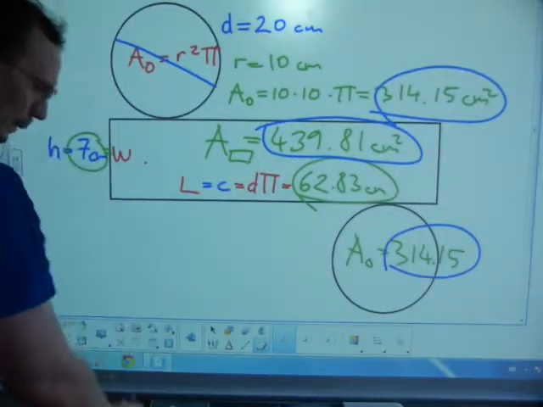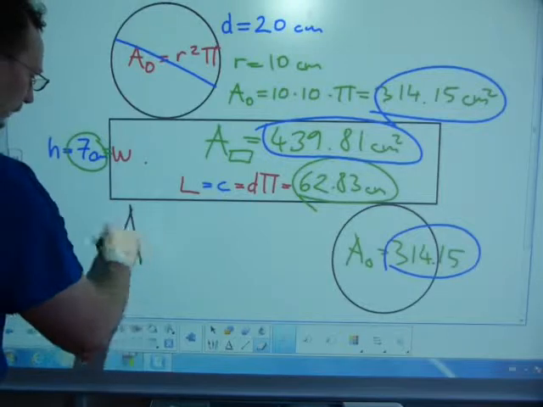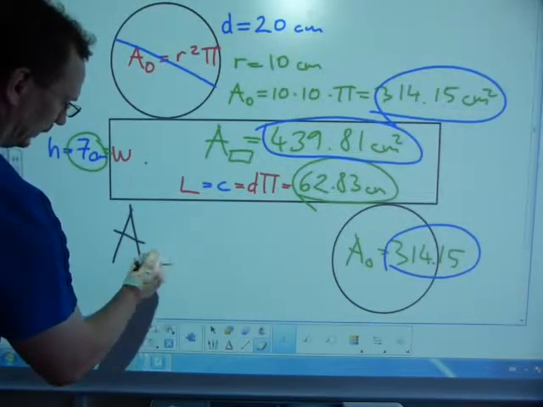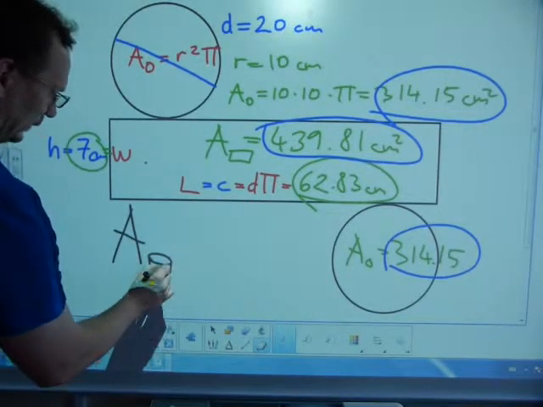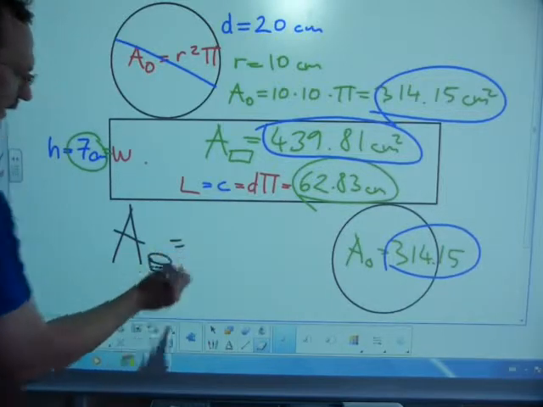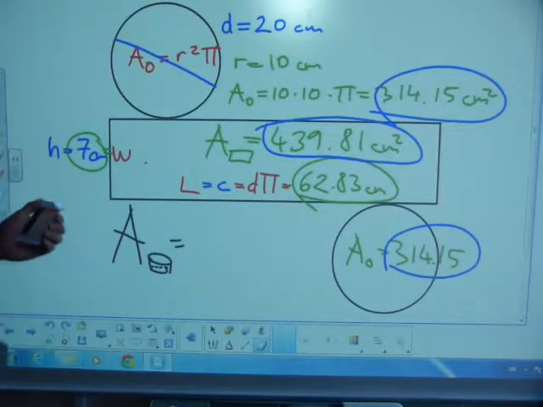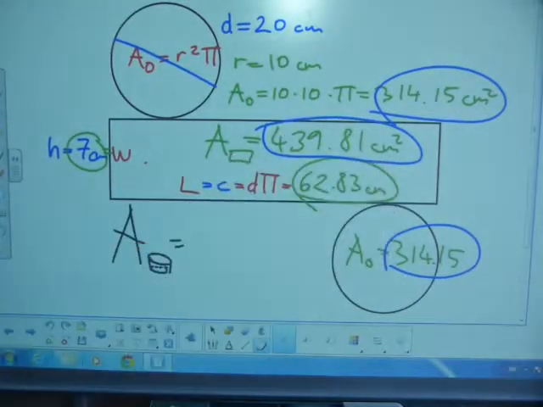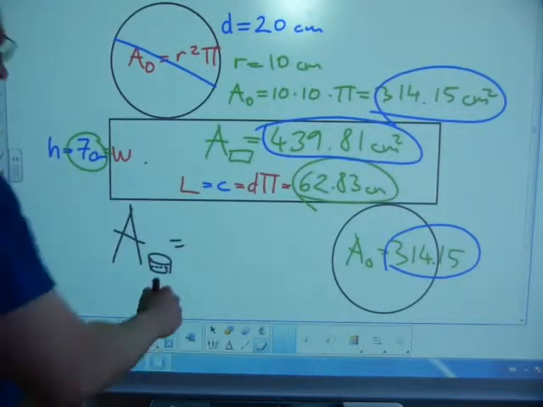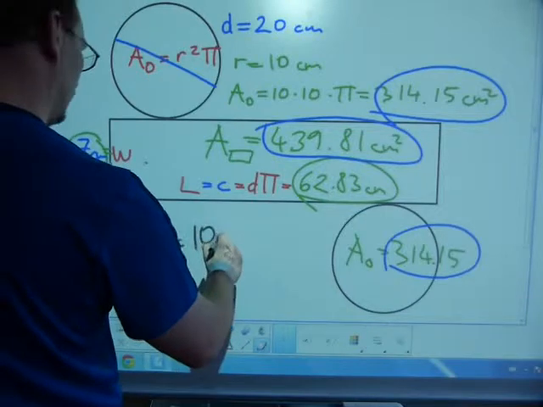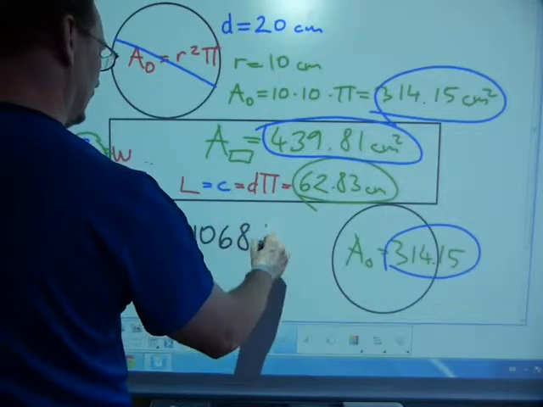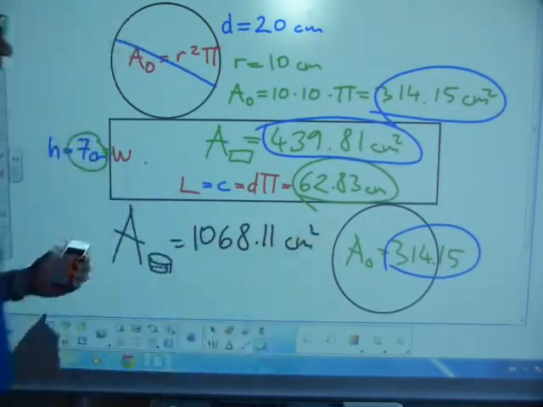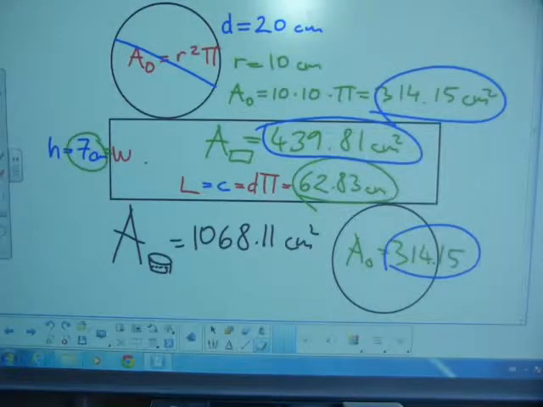So we concluded that the area of my cookie jar cylinder, this one, was 1068.11 centimeters squared. End of calculation, but we're going to do a little algebra with this one.